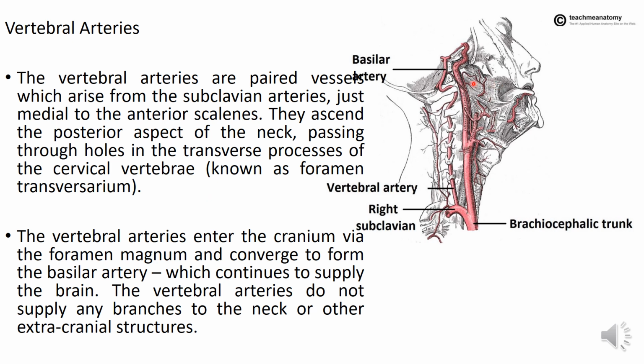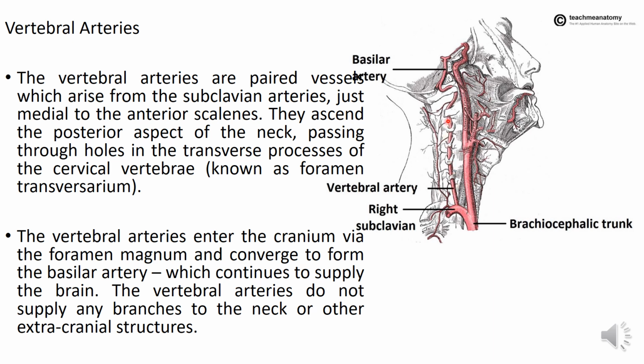Then they enter the cranium through the foramen magnum. We cannot see the foramen magnum here, it is situated around here. The vertebral artery enters the cranium, or enters into the brain, through the foramen magnum. Then it is called the basilar artery. While discussing the posterior cerebral circulation, we have seen in detail the different branches of the basilar artery which supply different parts of the brain.